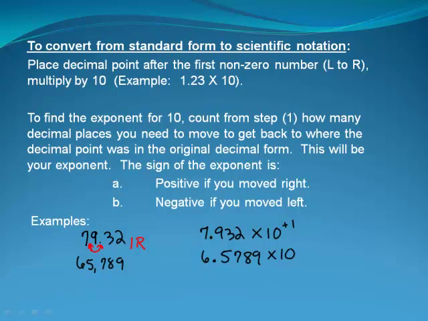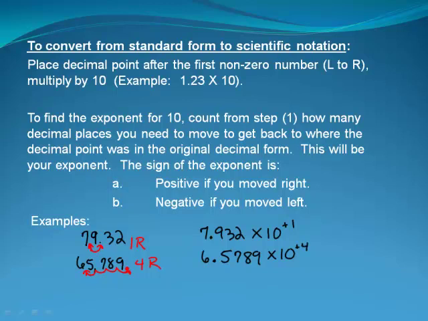Now, you place the decimal point after the 6. The decimal point originally was at the end of the number. If a decimal point isn't written, it's understood to be at the end of the number. So to get it back to where it originally was, you'd have to move 1, 2, 3, 4 places. And again, you moved right to get it back to where it originally was. That means in terms of exponent, positive 4.